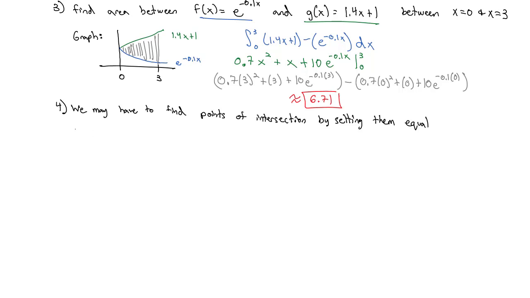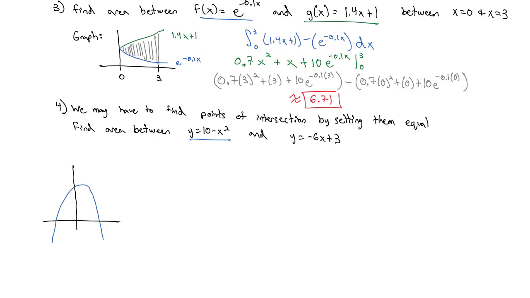So for example, if we want to find the area between y equals 10 minus x squared and y equals negative 6x plus 3. Well, first, if I look at the graph, y equals 10 minus x squared is going to be something like this, an upside down parabola.